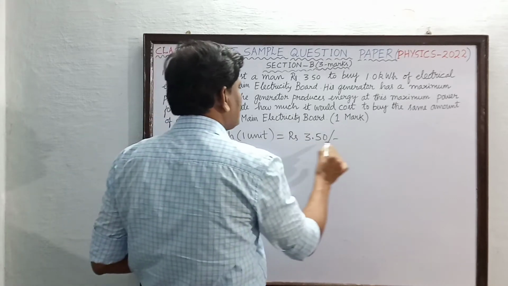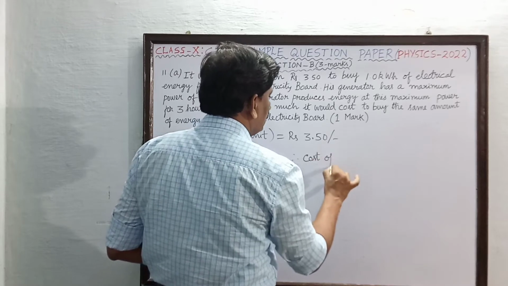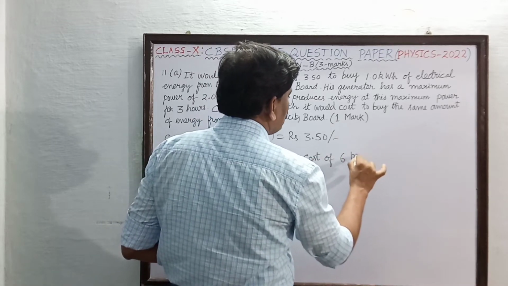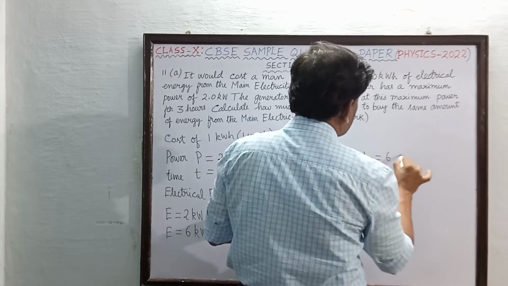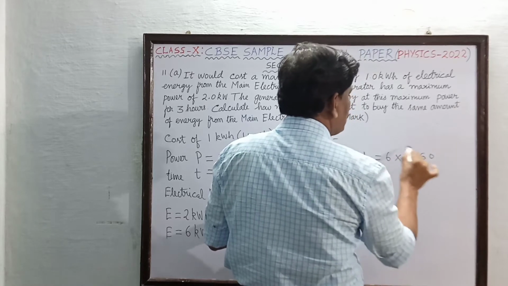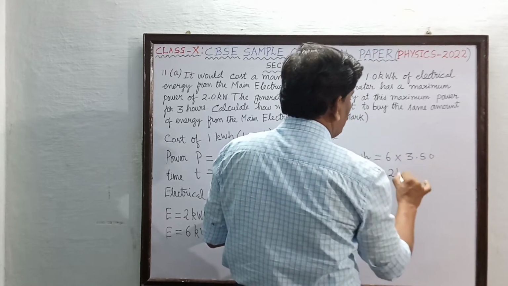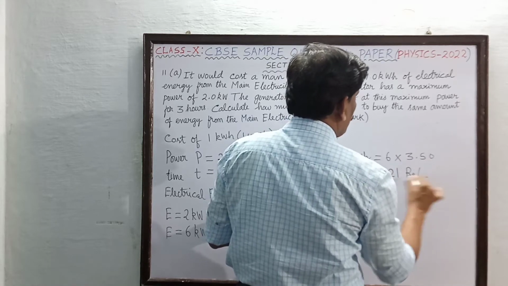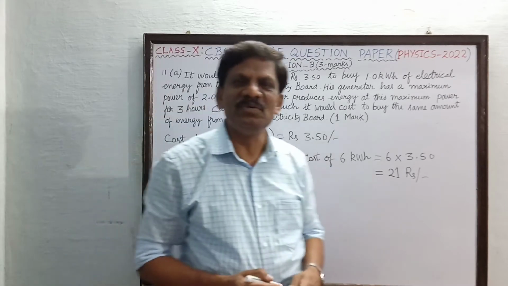Therefore the cost of 6 units, the cost of 6 kilowatt hour, is equal to 6 multiplied by 3.50. So this is equal to 18 plus 3, so 21 rupees. 21 rupees is the answer. How much easy it is, you see.